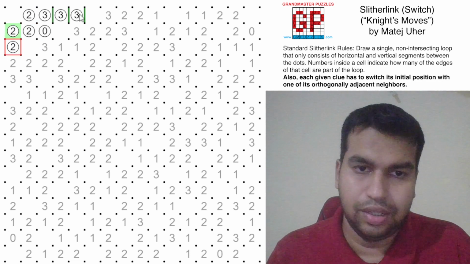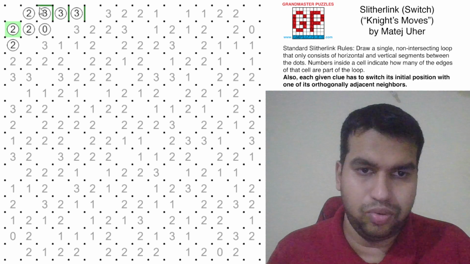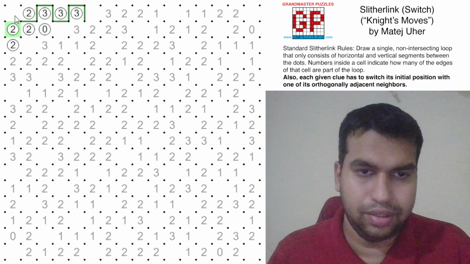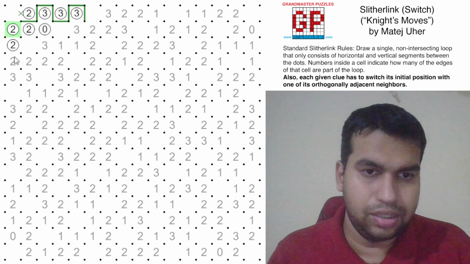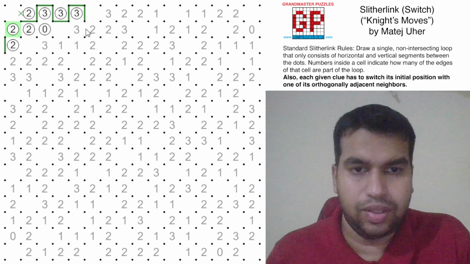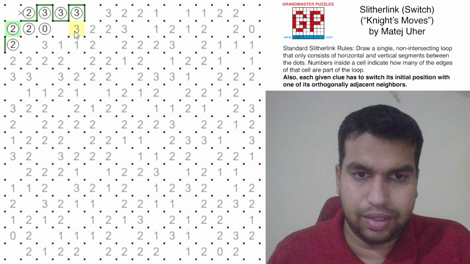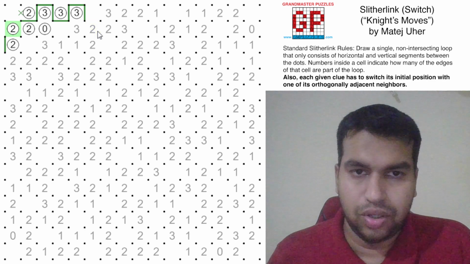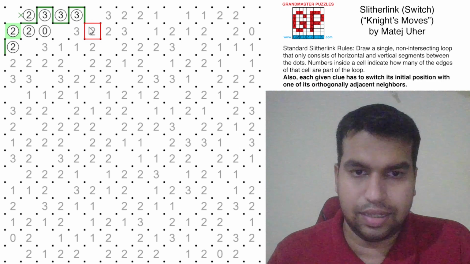Similarly here. Now let's go back to the loop and put in a little more of that. You can't go into this corner. So this is a 2. Now looking at this 3 over here, if it pairs up with this 2, what ends up happening is, let's say it's easier to show.